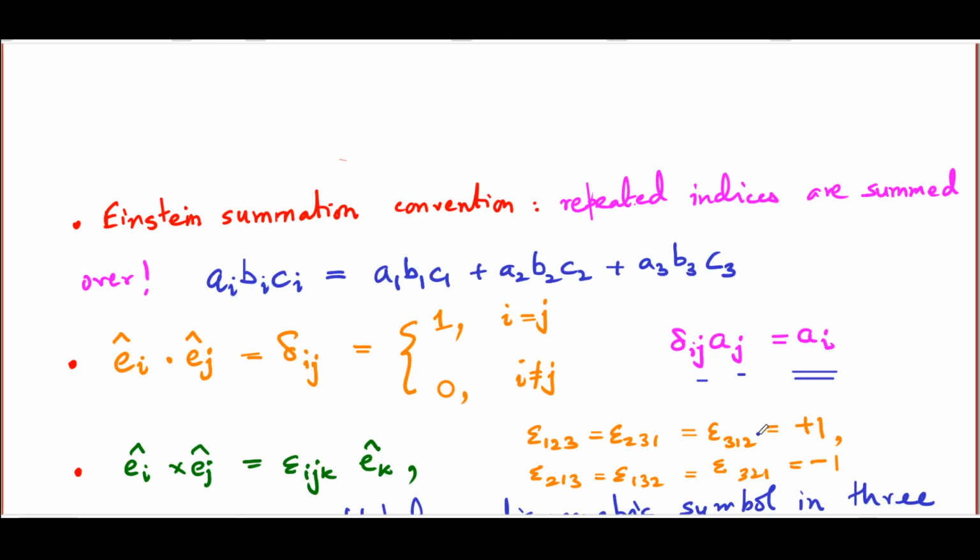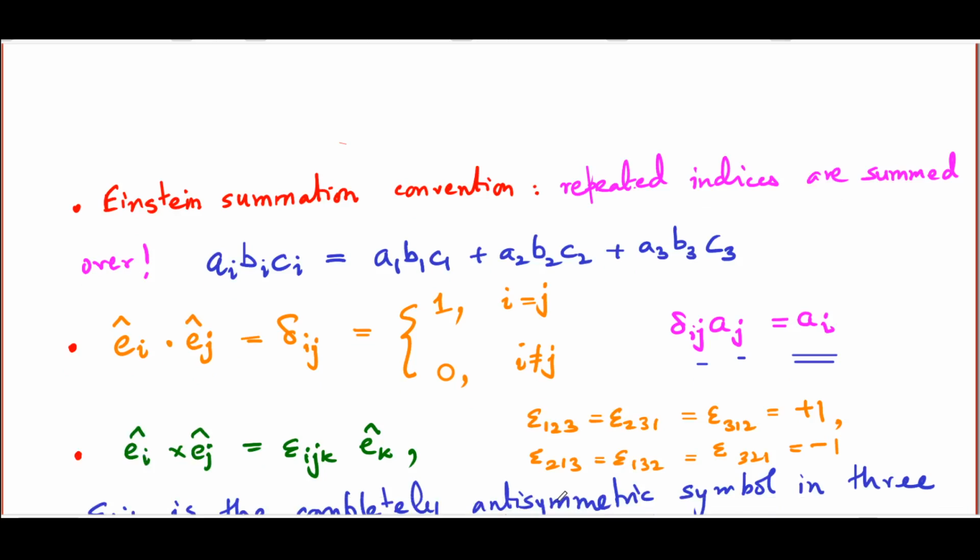And the value for this particular set is plus 1. And if the indices are an anticyclic permutation of 1, 2 and 3, namely 2, 1, 3, 1, 3, 2 and 3, 2, 1, the corresponding epsilon symbol is minus 1.